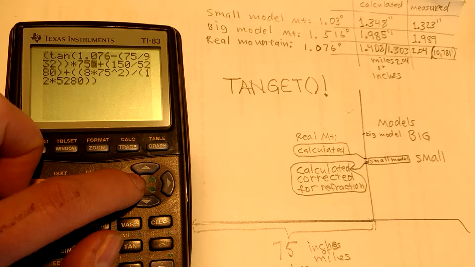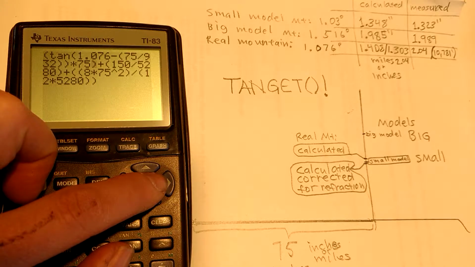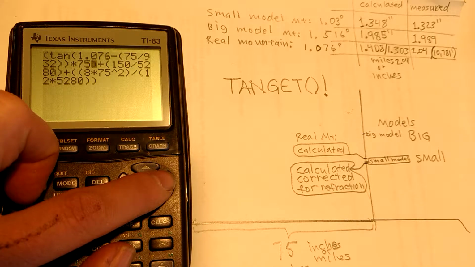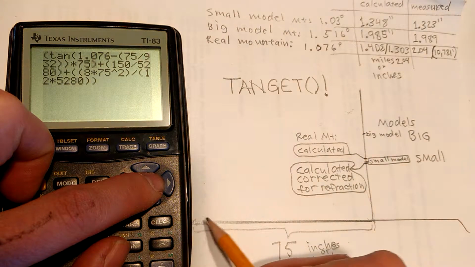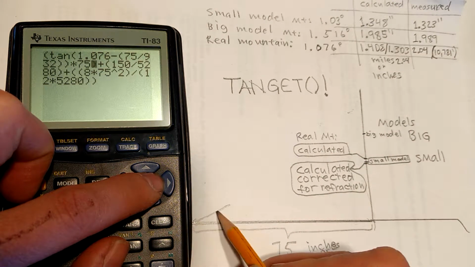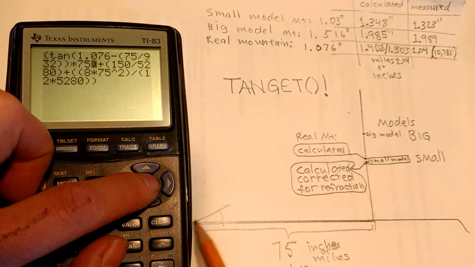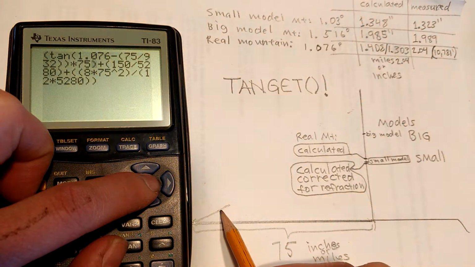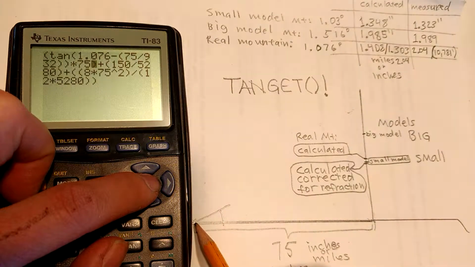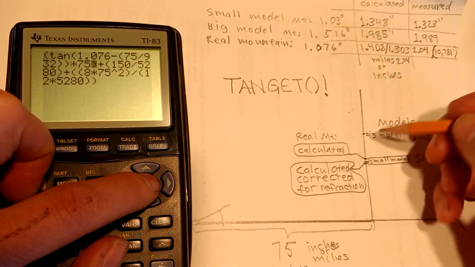We're taking the result of tangent and multiplying it times 75. We give tangent the angle, and it gives us a slope, and then we multiply that slope with this distance, and then it gives us the rise.